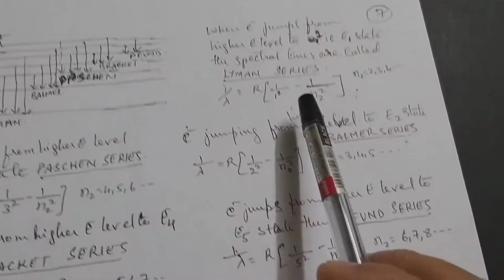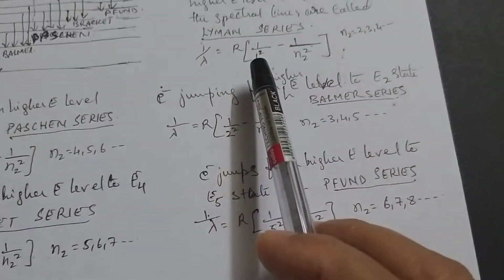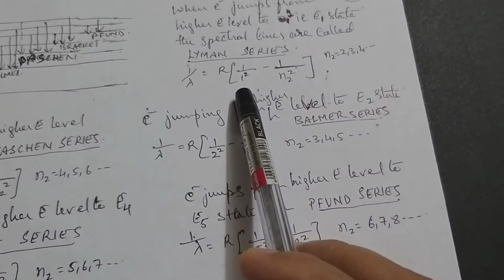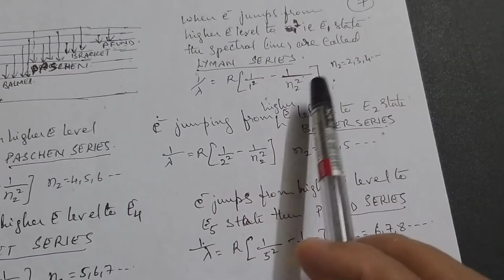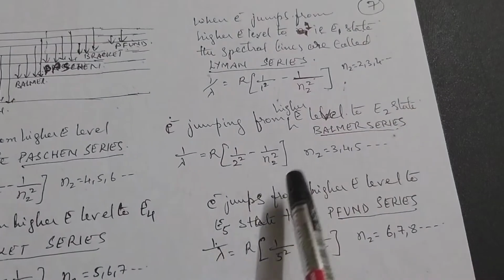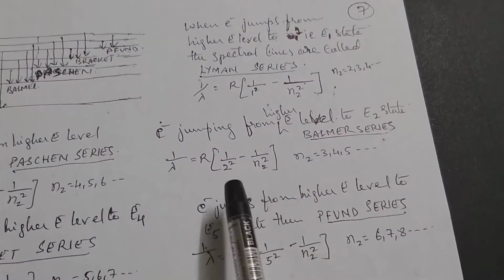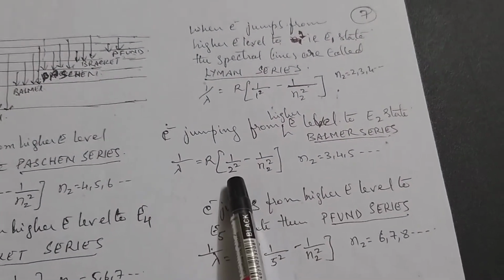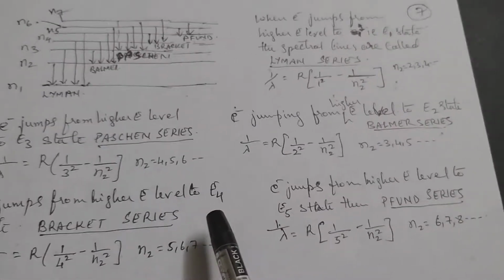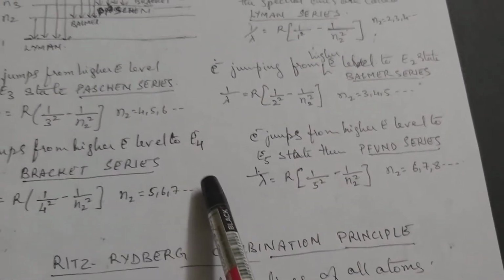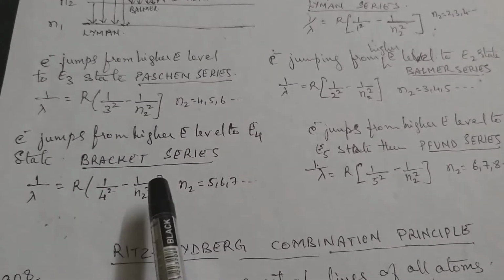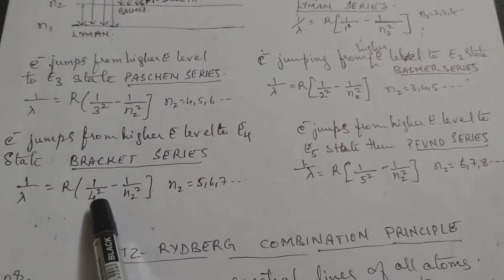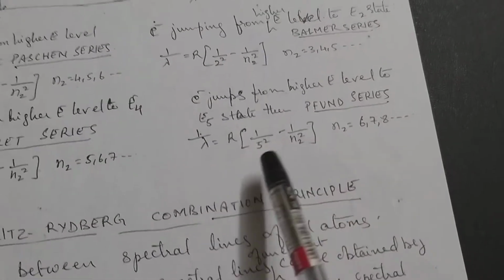Now for the Lyman series, if we write this equation, n1 is equal to 1, so it will be 1 square, and n2 can be 2, 3, 4, 5, like that. For the Balmer series, we put n1 equal to 2. Similarly, for the Paschen series, we put n1 equal to 3. For the Brackett series, n1 is equal to 4, and for the Pfund series, n1 is equal to 5.